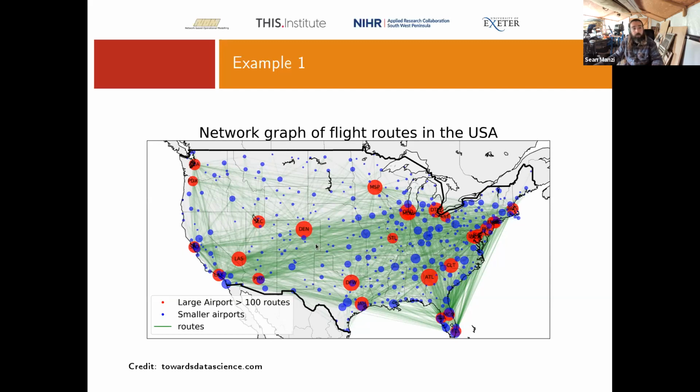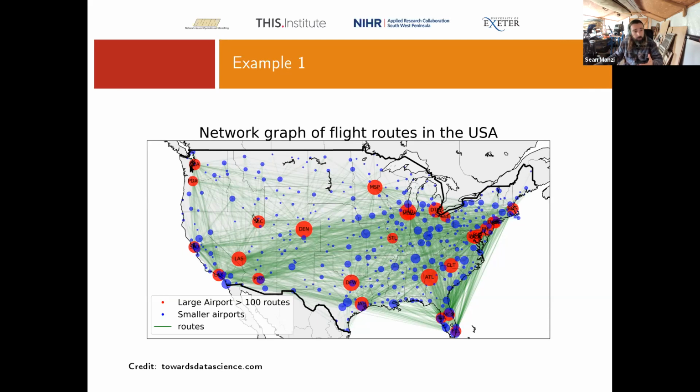And this is just one way in which we can embed different pieces of information within a network to start making it more useful. Here, this is representing the number of ingoing and outgoing flights. So it's a network metric that's called degree.